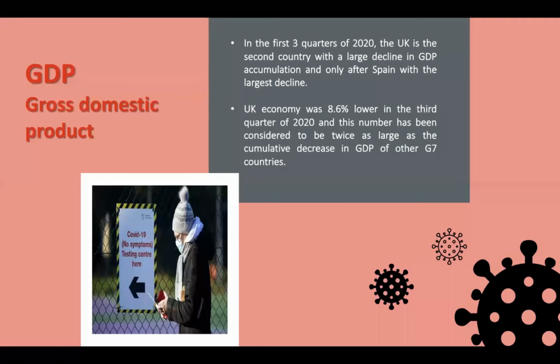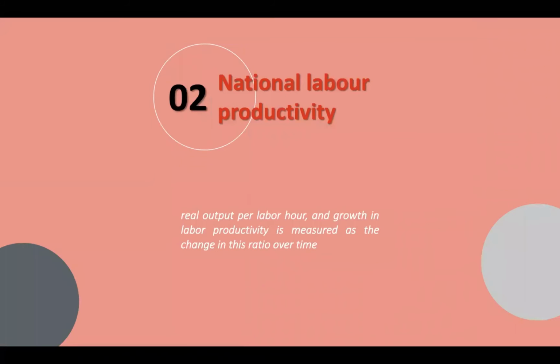we should go to the national labor productivity, which is the real output per labor hour, and growth in labor productivity is measured as a change in the ratio over time.